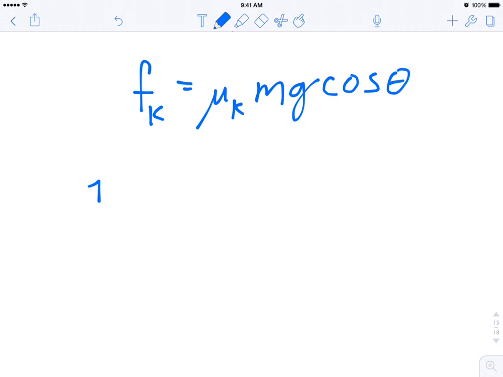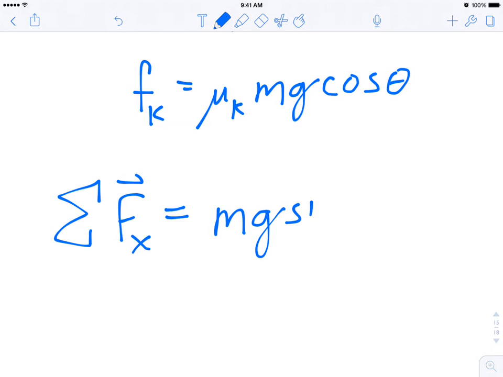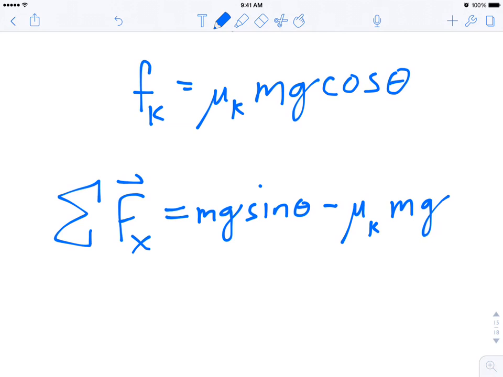That's going to give me, for the force of gravity on the x-axis, mg sine theta, and then I'm going to be subtracting the force of friction, which we just figured out to be mu k mg cosine theta.